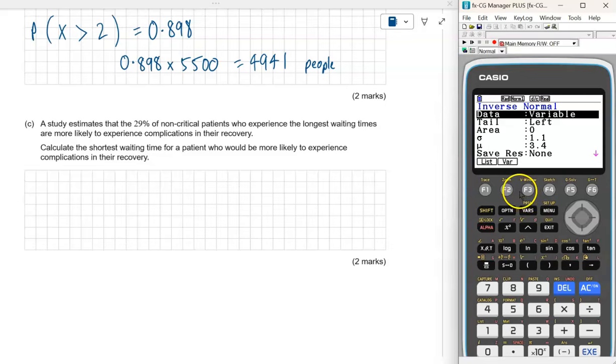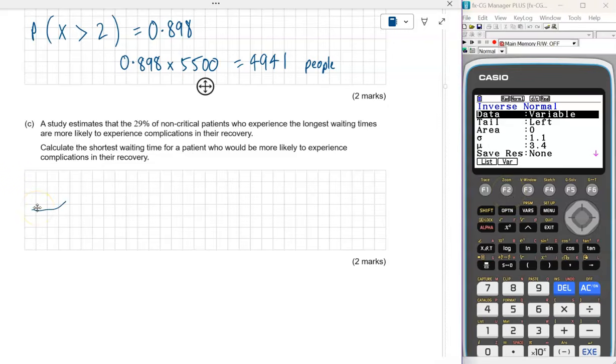And I guess before I go any further, maybe if we visualize it a little bit, like here's our normal distribution curve here with our mean of 3.4. We're looking at the top 29% of patients, all right? So we're looking for this tail here on the right-hand side and what that boundary correlates with, okay? So what is the value there?